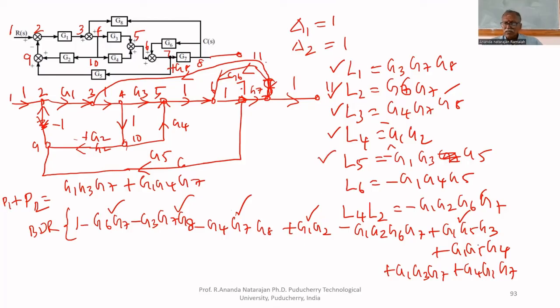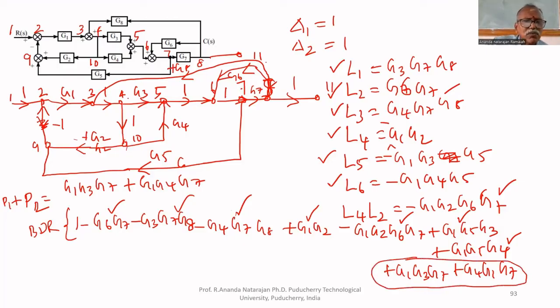G1, G4, G5, that is also we got. G1, G3, G6, G7. G1, G2, G6, G7. Minus G1, G2, G6, G7. That is also we got.